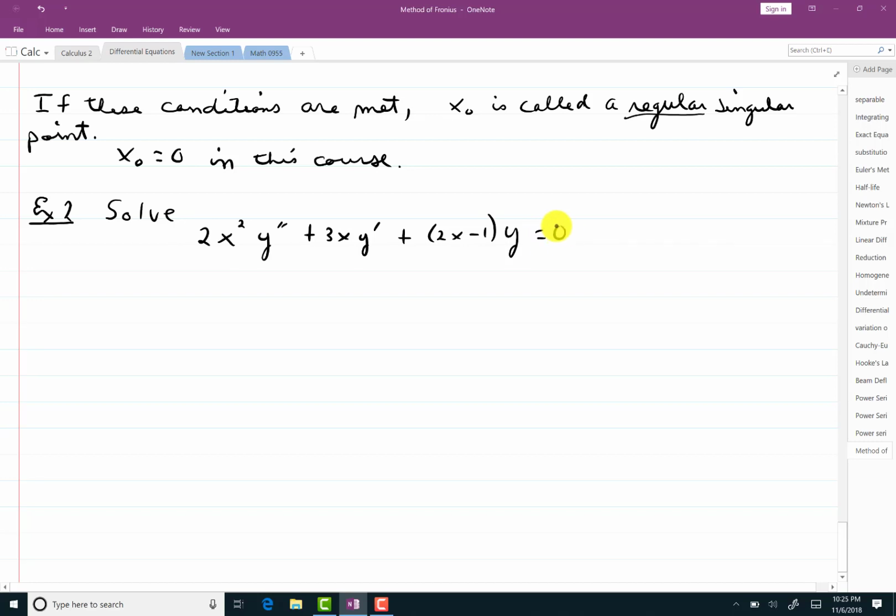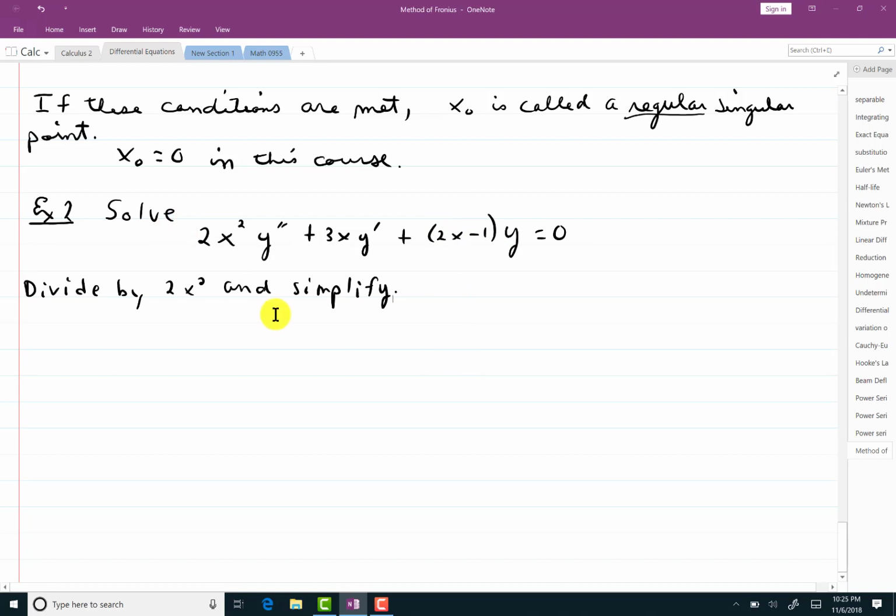So before I do anything else, I want to see if I can use Frobenius' theorem to solve this equation. So the first thing we need to do is to divide by 2x squared, and simplify. That's important. We need the exponent on x to be less than or equal to 1 when the coefficient is simplified, and we need it to be less than or equal to 2 when the coefficient for y is simplified.